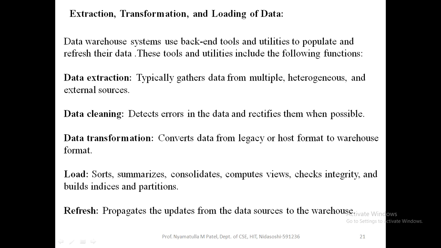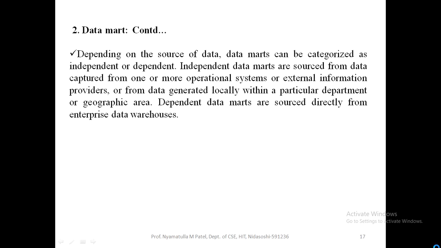Okay, so we use the term extraction, transformation and loading of data. Data warehouse systems use backend tools and utilities to populate and refresh the data as shown in the previous diagram.